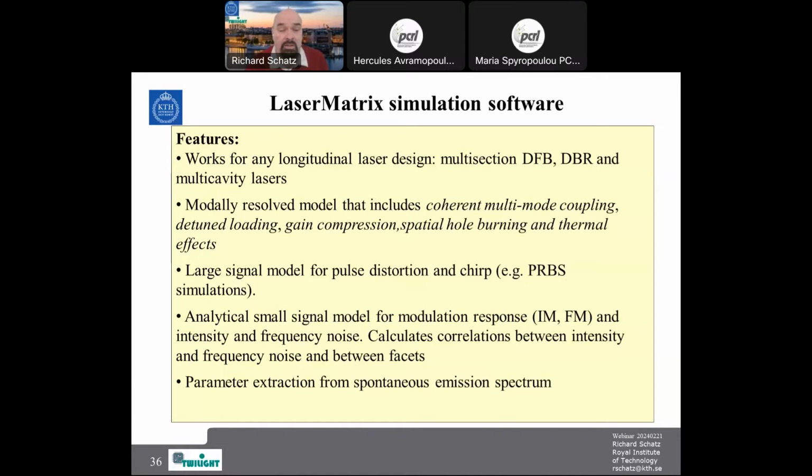Then there is a parameter extraction model, so you can extract parameters if you have a spontaneous emission spectrum for any laser, both DBR laser designs and other lasers, and it's quite fast and efficient. Everything is implemented with a user-friendly graphical interface, so it's a very fast learning curve. I use it even for my students, so they can do a lab on it.